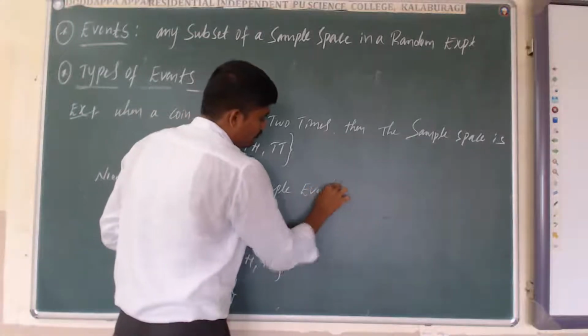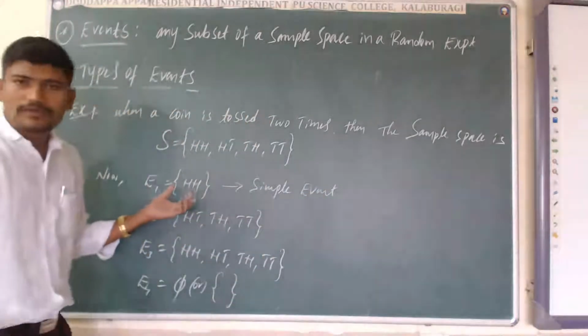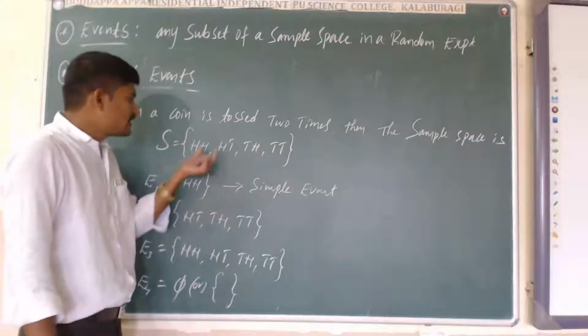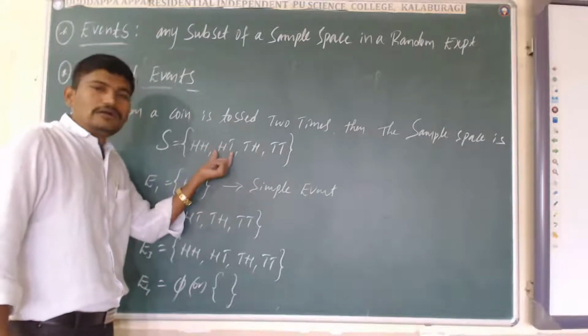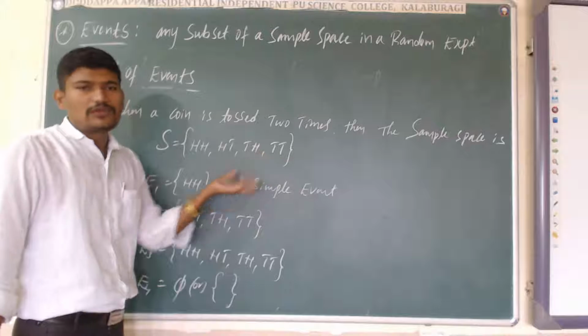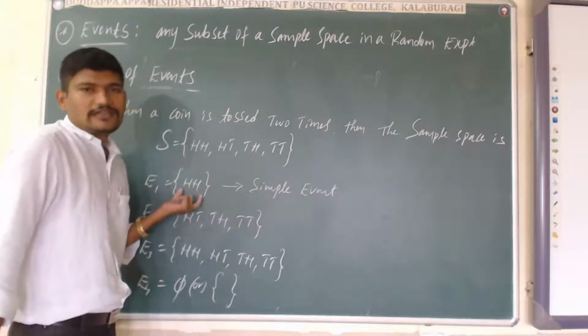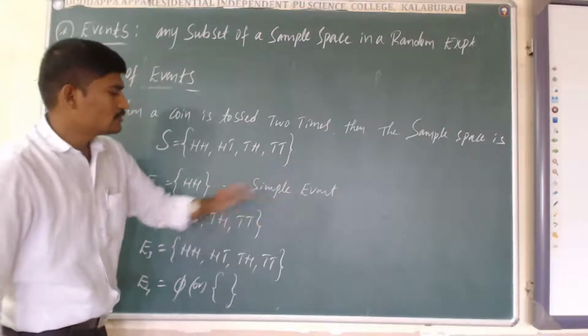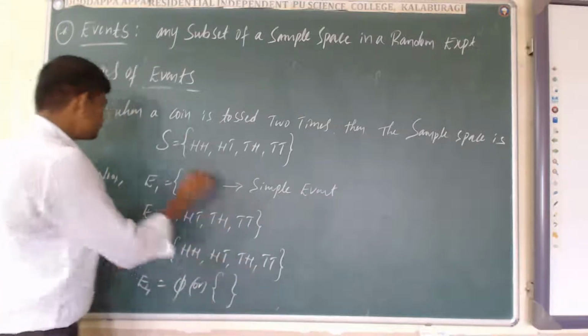You can take any one, not only HH, you can take HT, TH, or TT separately. I just took HH as one example.